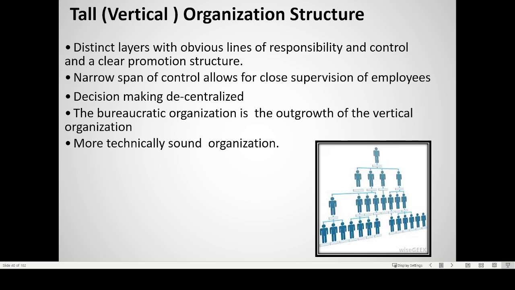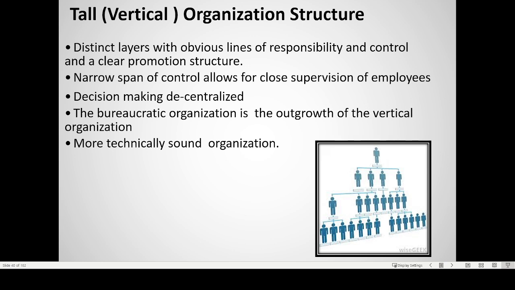Narrow span of control allows for close supervision of employees. Since we have multiple lines, each line is narrower, it's not flat. So this narrow span of control allows close supervision and more specialty. Decision making is decentralized.